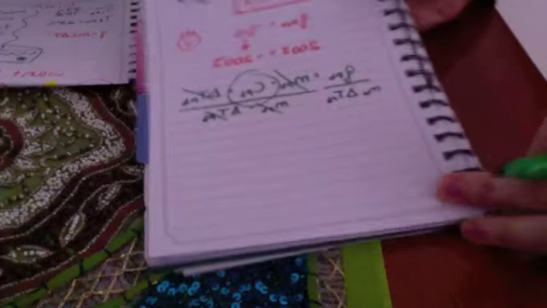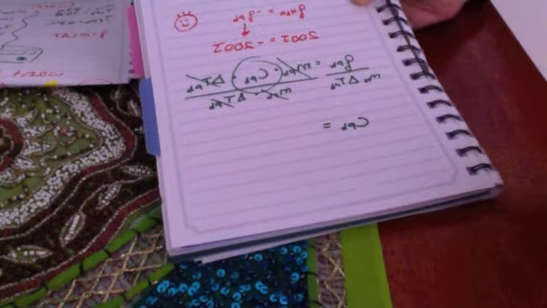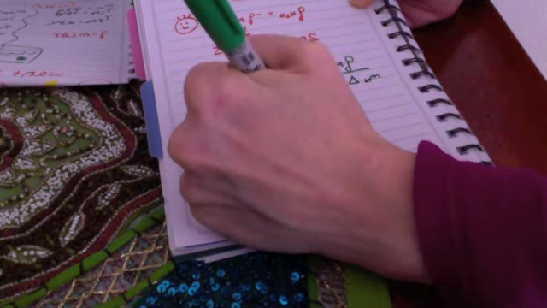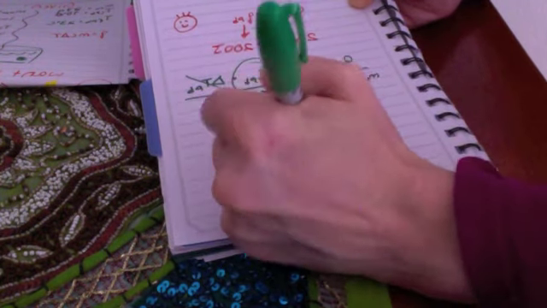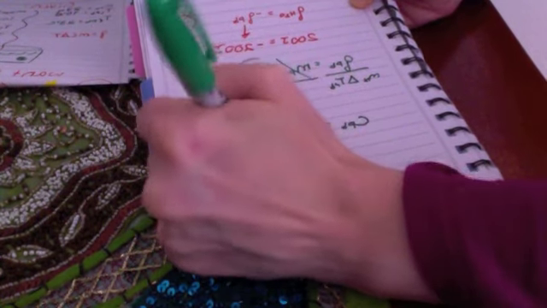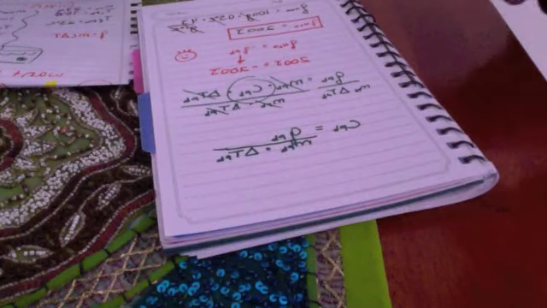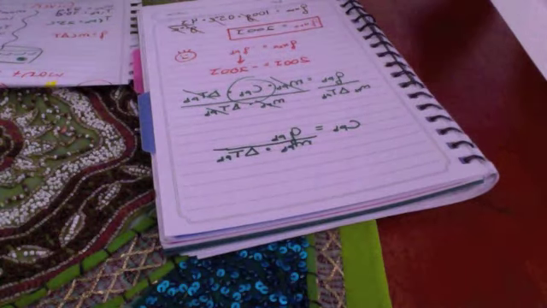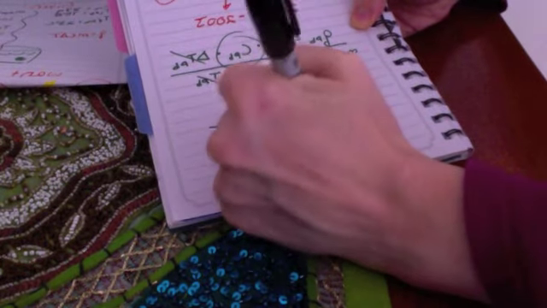So now I wind up with the specific heat capacity for lead, which is what they're asking me for, equal to the heat that was lost by lead divided by the mass of lead times the change in temperature of lead. Now all I have to do is plug in my numbers. The heat we said was negative 200 joules.